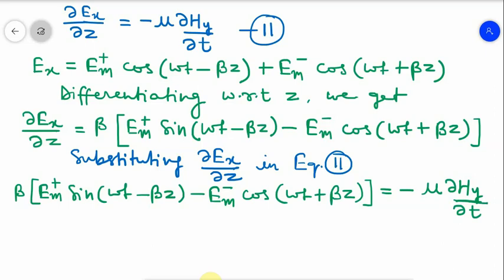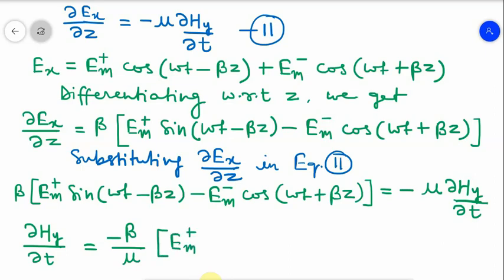Okay. Now from here, what will this del Hy upon del t be? If we take this term out, del Hy upon del t, we simply want to know this. So this minus mu will be divided to this side. So it will be minus beta upon this mu, and the whole expression will continue.